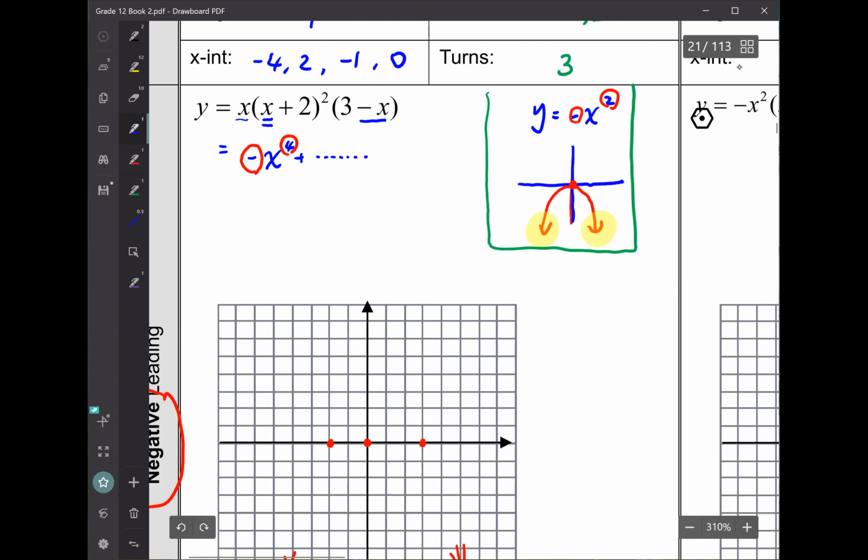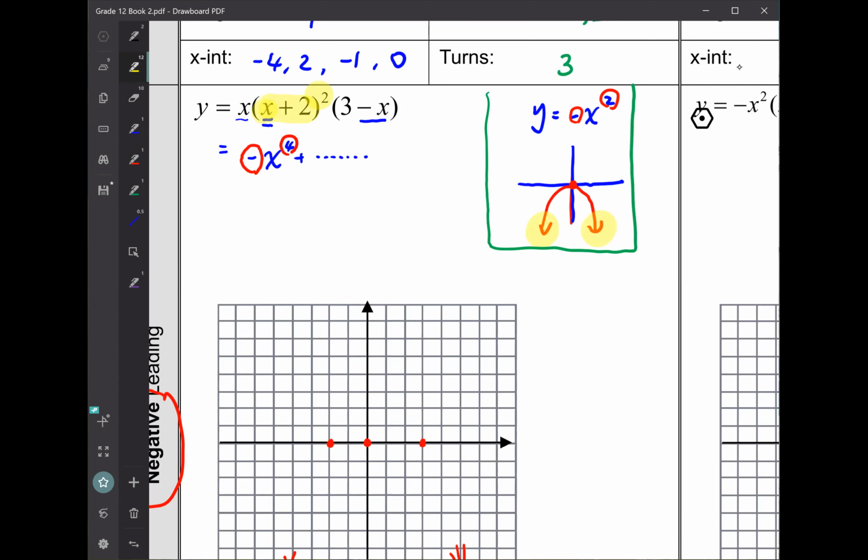If you see the x plus 2, let me highlight that. x plus 2 has a square, just like inside the green box, we have x squared. So whenever you get a square, that means you have 2 roots that are the same, so the only way for that to happen is to just touch it and bounce back, okay?